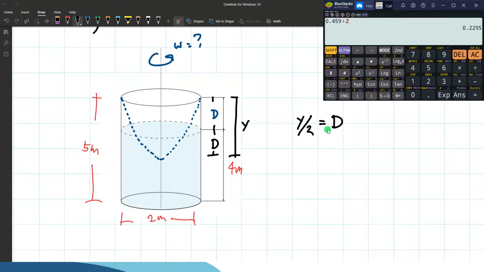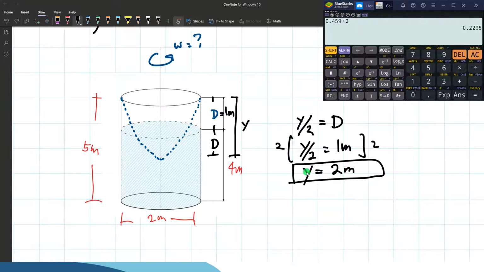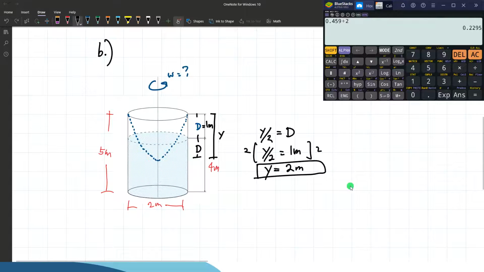We already have a value for d, which is 1 meter. So if y over 2 is equal to 1 meter, y, multiplying both sides by 2, is 2 meters.